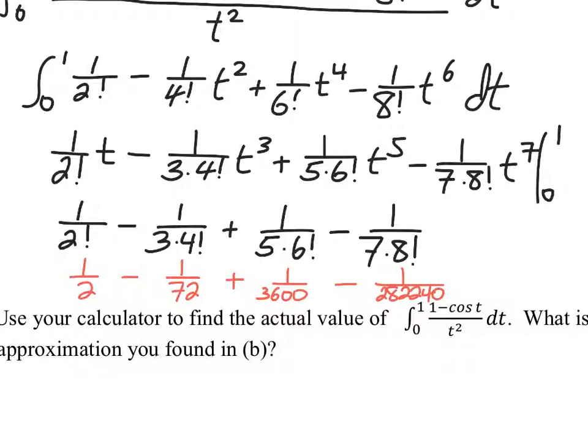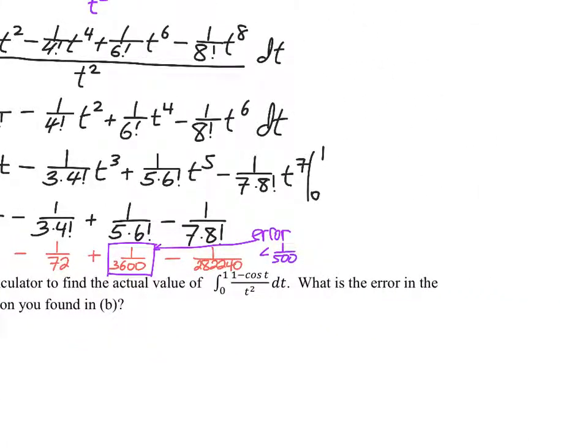What I'm looking for in my alternating series expansion is for the amount of error to be less than 1 in 500. The very first time that happens is here. So this is the error less than 1 in 500.